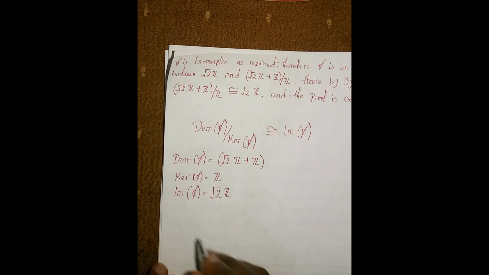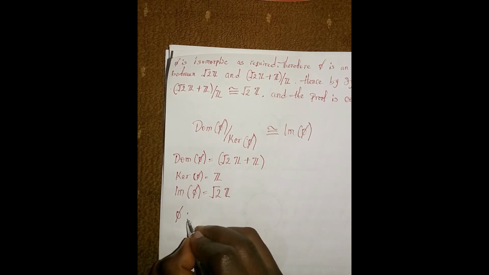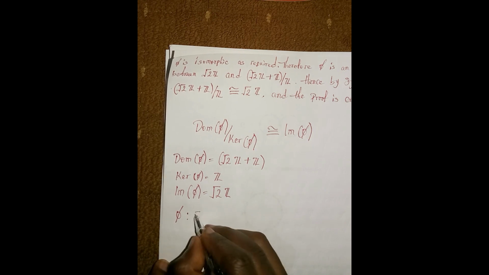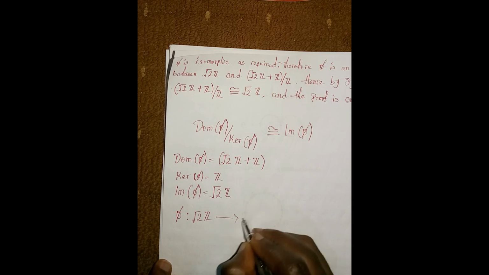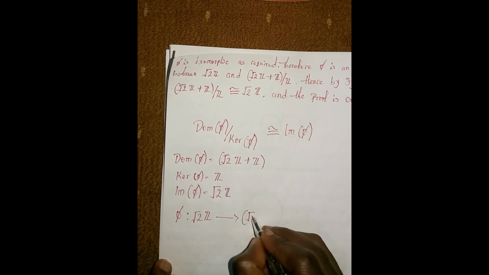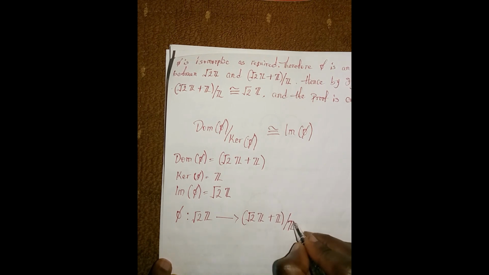Now remember, we defined a function saying that phi is defined on root 2 script z into root 2 script z plus script z by script z.